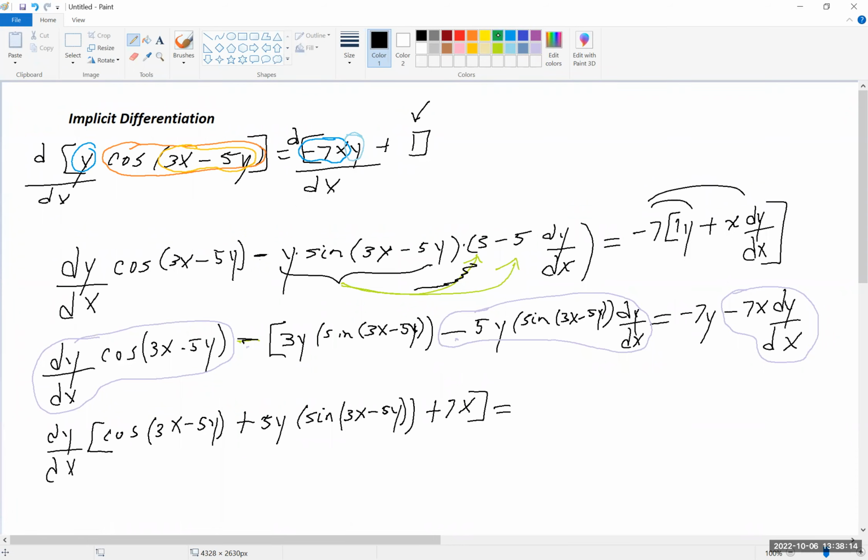So this is going to move over and join this piece. So when it moves over, it becomes 3y sine of 3x minus 5y. That takes care of that whole thing. There's minus 7y, which was already on that side.